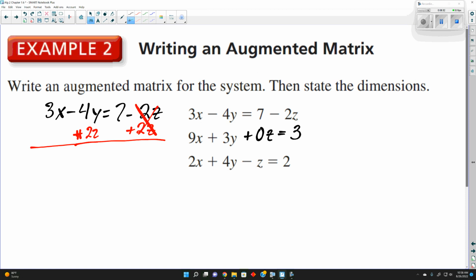So they will cancel out on that side, leaving us with just 7. Now, on the other side, we have 3x minus 4y equals 7. So for this one here, we had to add it to both sides to get it on the right side of the equation. So now we're not looking at this one anymore. We're looking at this one. That one's taking its place.